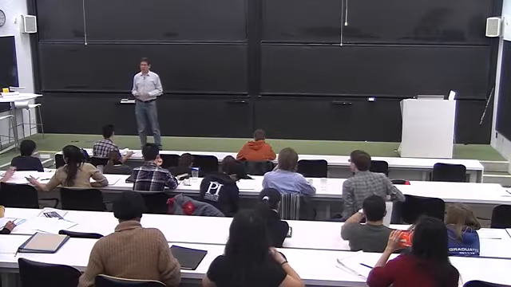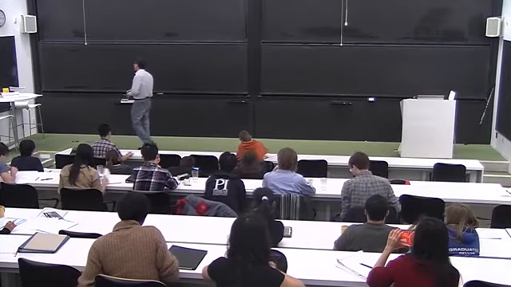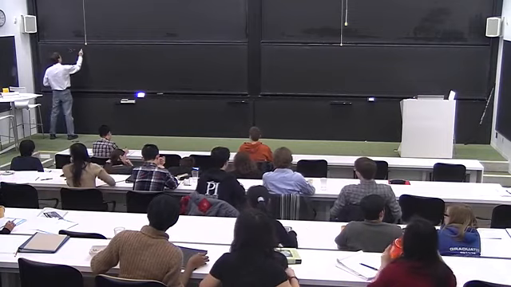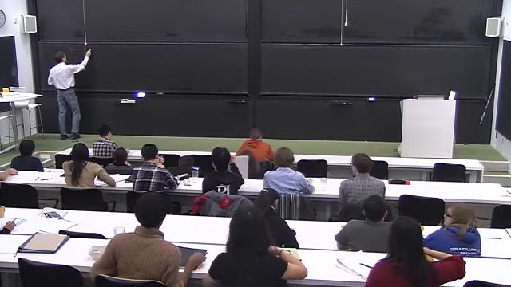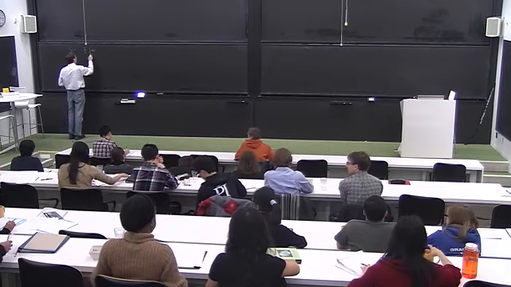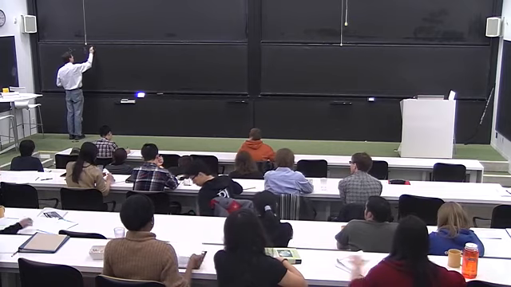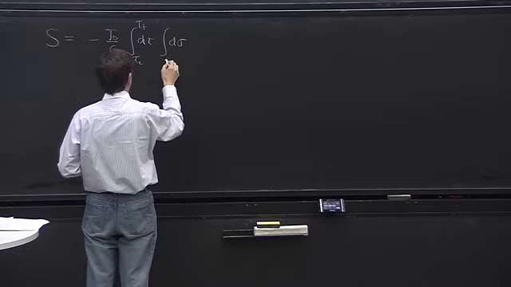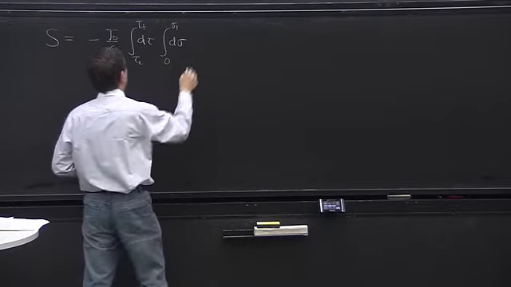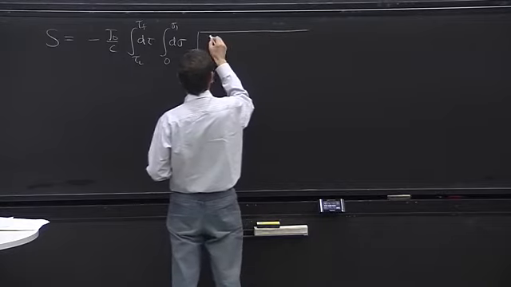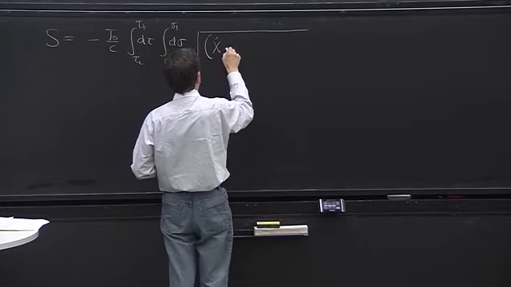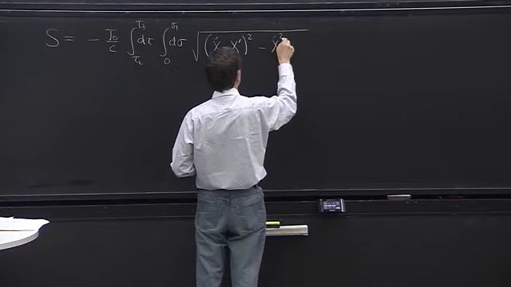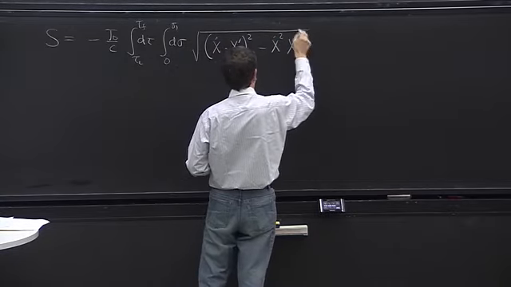The action that we wrote last time. We finally wrote the Nambu-Goto action. So that was given by minus T0 over c, integral d tau from some initial tau to some final tau, d sigma from 0 to some sigma 1, square root of (x dot x prime) squared minus x dot squared x prime squared.